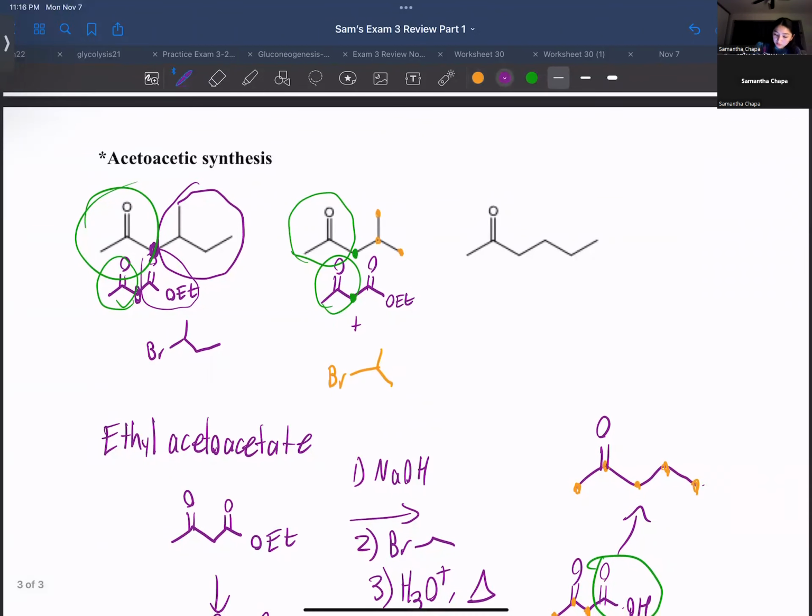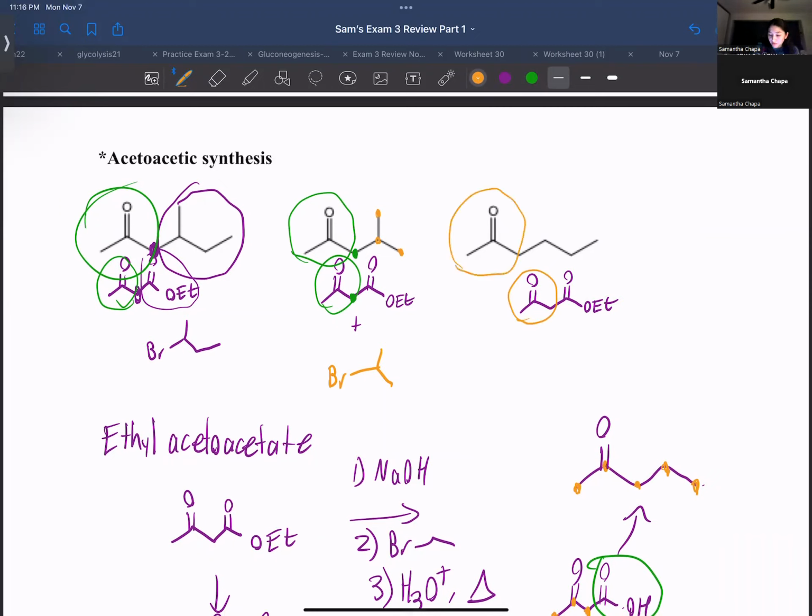Same thing with this right one. Ethyl acetoacetate, because I'm doing acetoacetic synthesis. We know that H3O plus and heat will decarboxylate all of this, so we can forget about that. And I should have this group right here in the molecule I'm trying to synthesize.